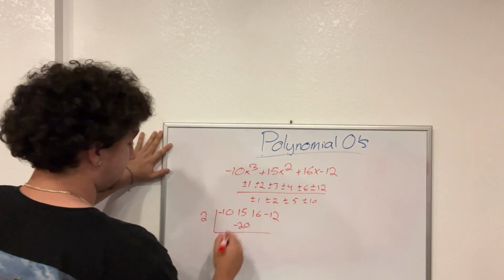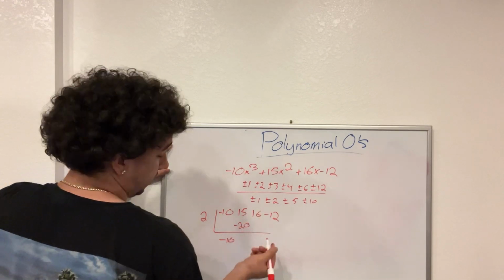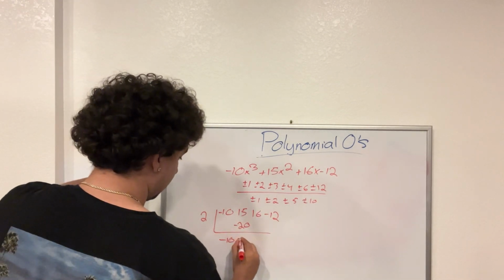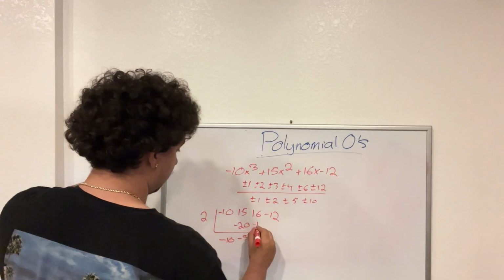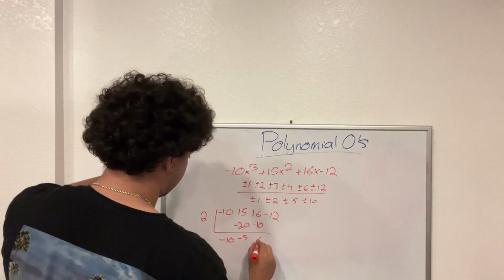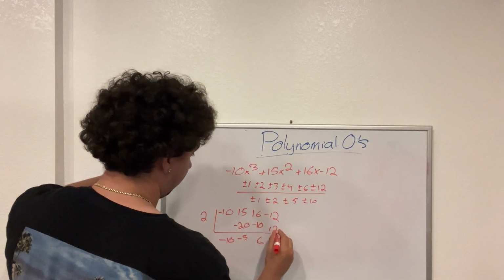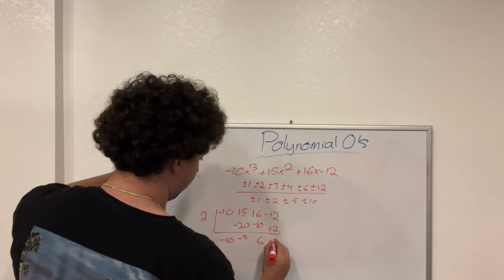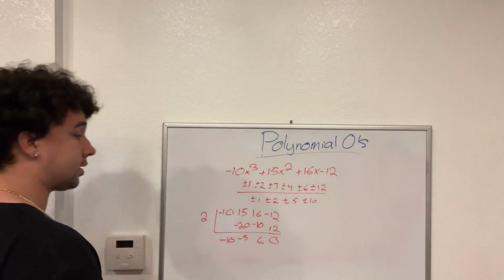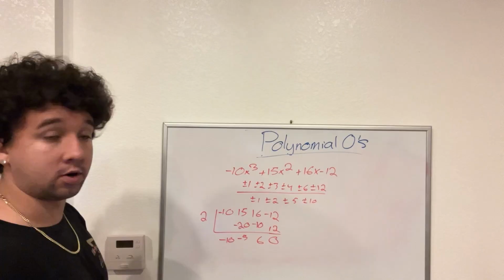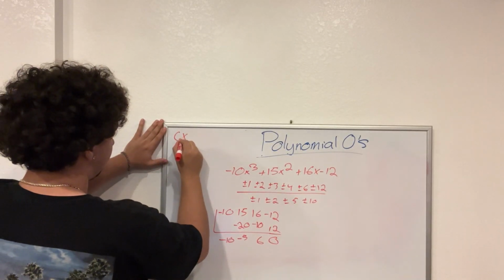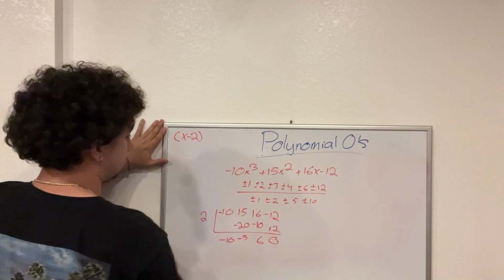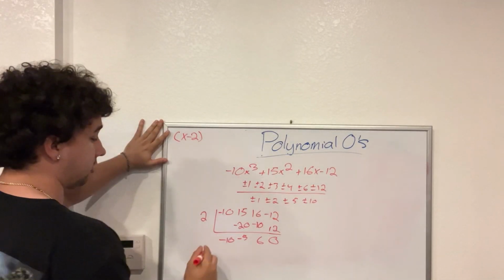Then you add: 15 plus negative 20 is negative 5. I repeat: 2 times negative 5 is negative 10, I add, I get 6. 2 times 6 is 12, and negative 12 plus 12 equals 0. This gives me my new coefficients. So I know that one of my binomials is x minus 2, 2 being one of my real zeros.